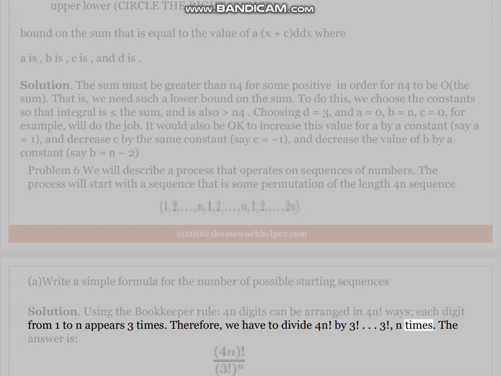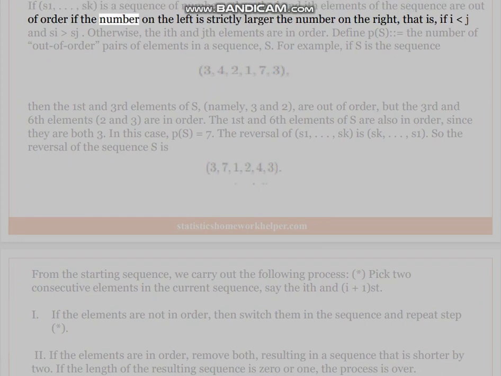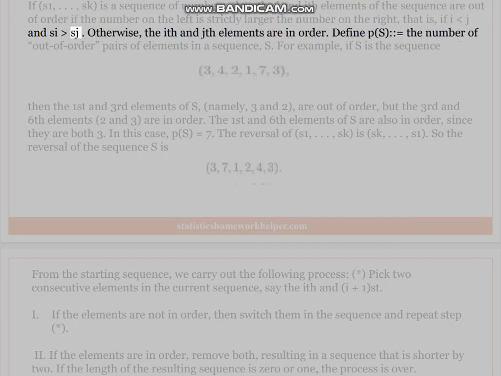3! n times. The answer is (4n)! over (3!)^n. If s1 to sk is a sequence of numbers, then the ith and jth elements of the sequence are out of order if the number on the left is strictly larger than the number on the right, that is, if i less than j and si greater than sj. Otherwise, the ith and jth elements are in order.